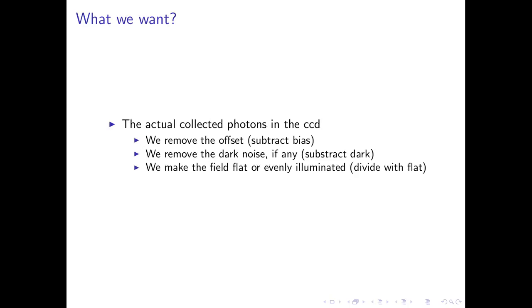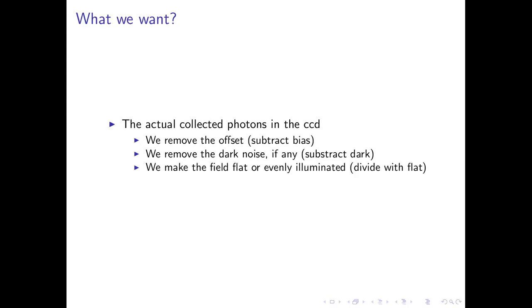Again, you cover up the CCD, and then you expose the CCD, and then you get the dark noise. You combine the dark frames into a master frame, and then you subtract the bias frame from that, and then you subtract the bias from your light frames, and you subtract the dark from your light frames.